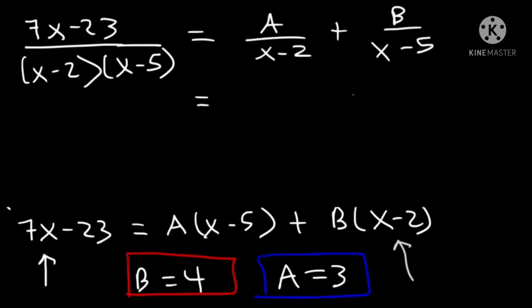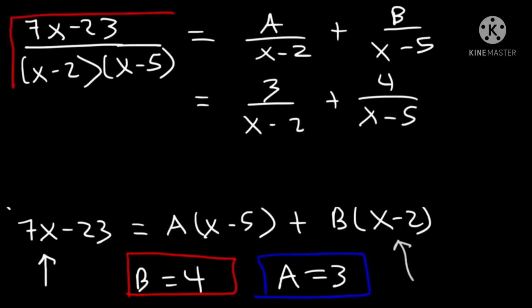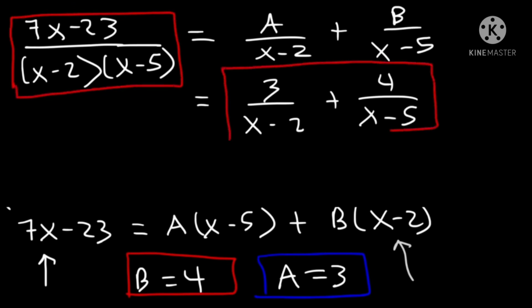Now we have the value of a. A is 3, and b is 4. So therefore, we can see that this fraction is equal to 3 over x minus 2 plus 4 over x minus 5. That's the answer.